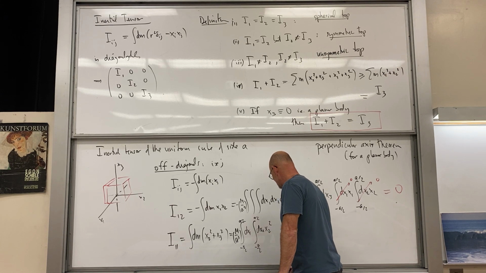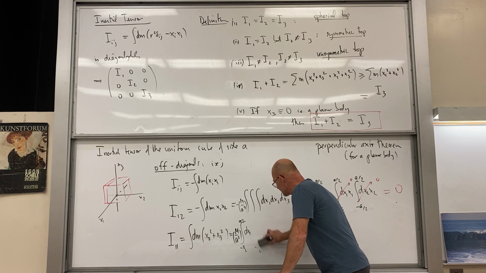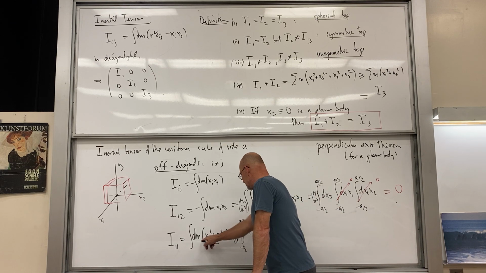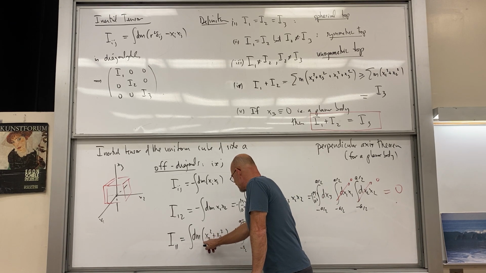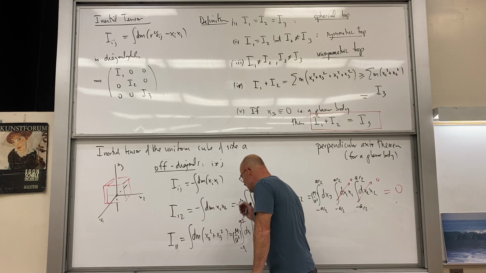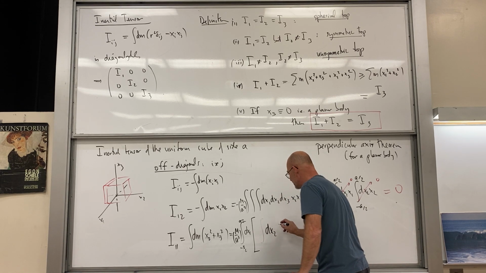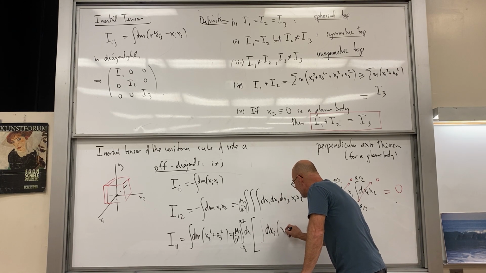So now we've got dx2, x2 squared plus x3 squared.